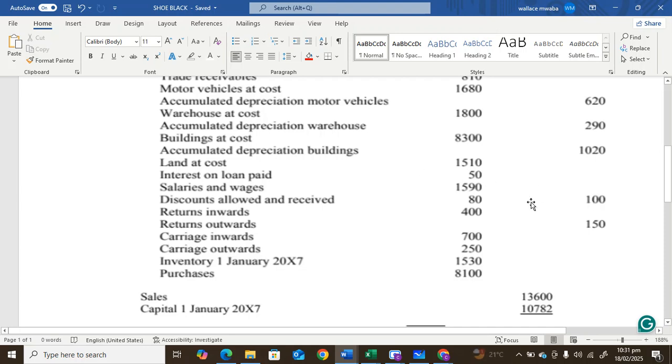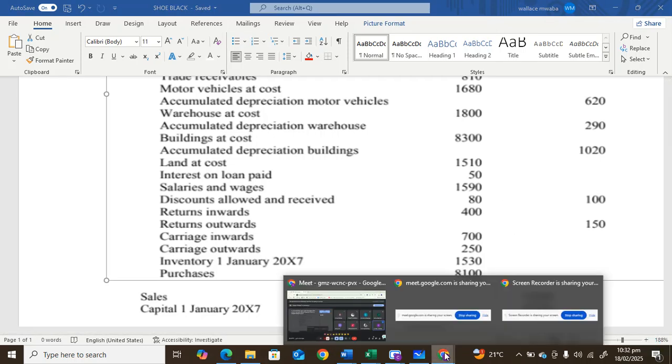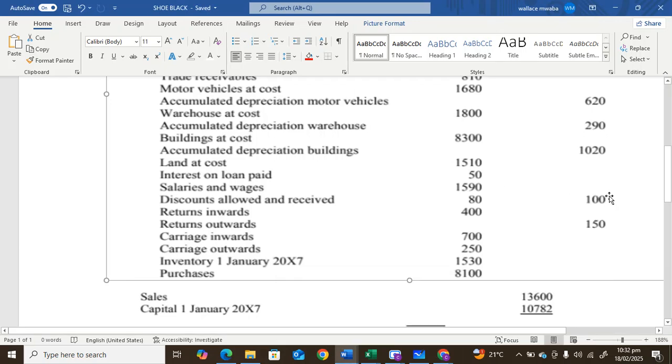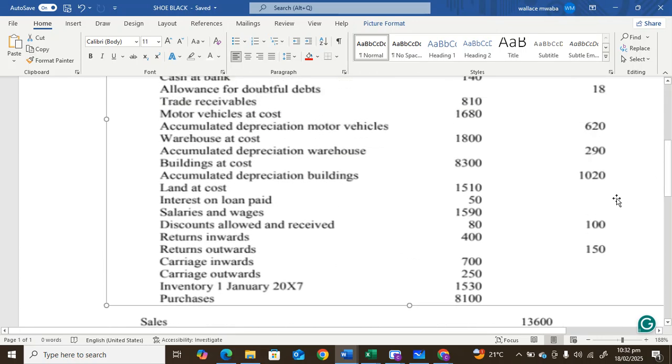So which amount are we picking between the two? 100,000, yes, because remember there were these three zeros on top here, so it's 100,000 kwacha, yes. 100,000. Why are we choosing it? The one on the credit side?